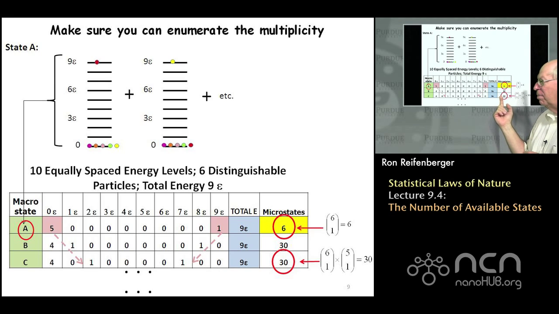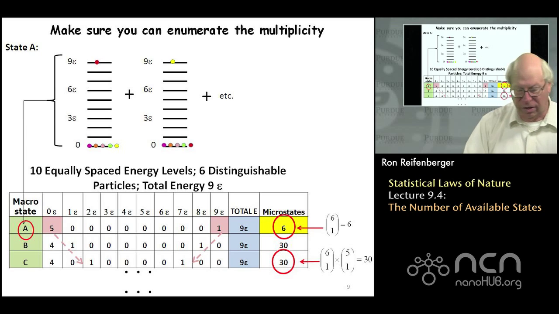So the multiplicity of the state is determined by finding out the number of ways available to put a particle in a given energy state such that the total energy adds up to be 9 epsilon. So this is just the first few entries in the previous table.